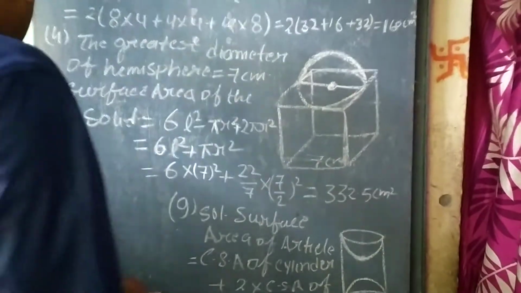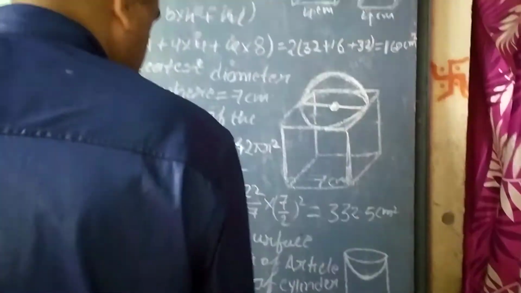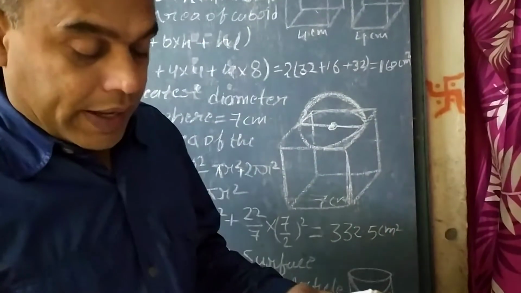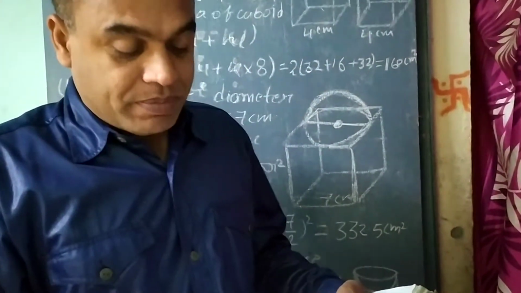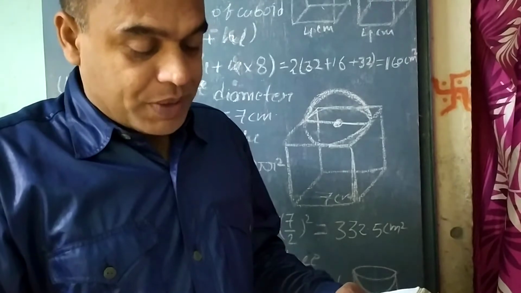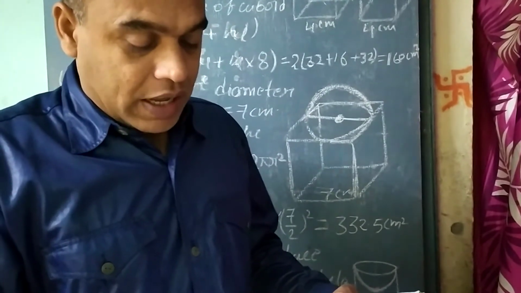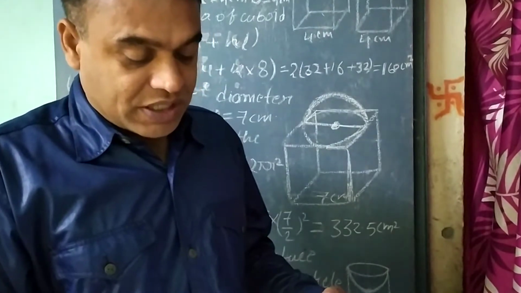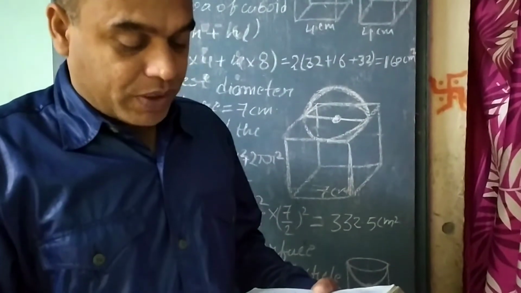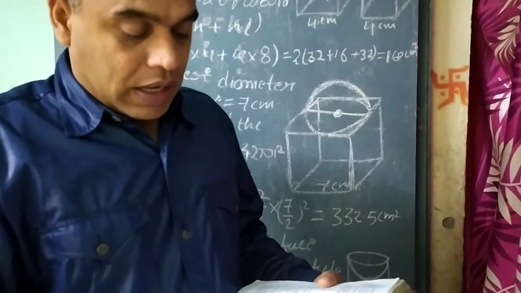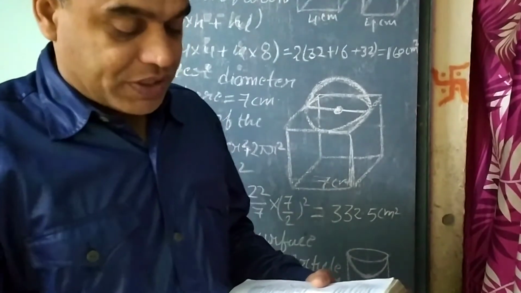Now question number 9 is given in the book. A wooden article was made by scooping out a hemisphere from each end of a solid cylinder, as shown in the figure. If the height of the cylinder is 10 centimeter and its base radius is 3.5 centimeter, find the total surface area of the article.